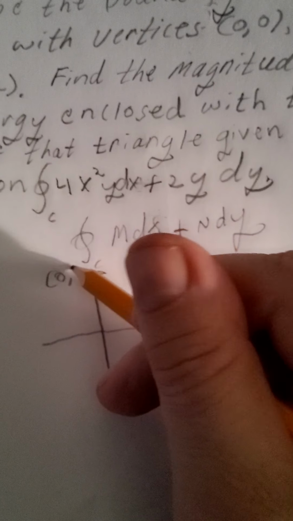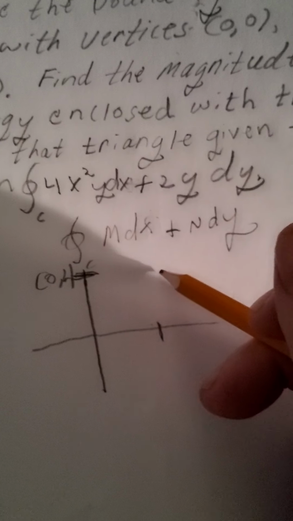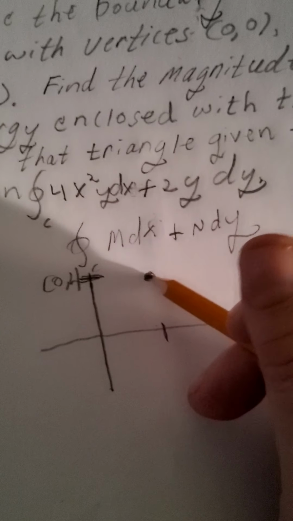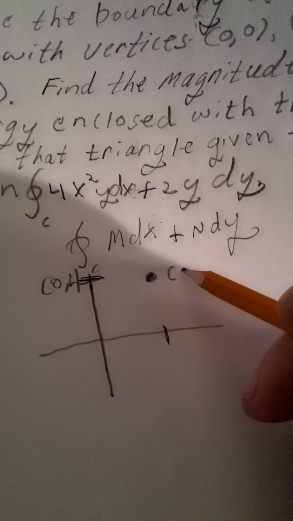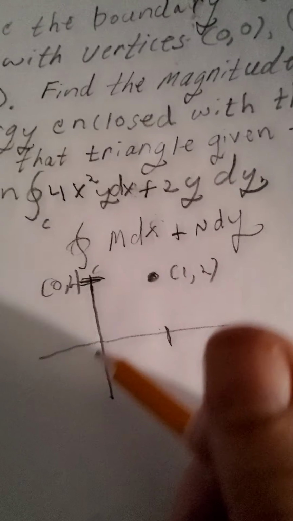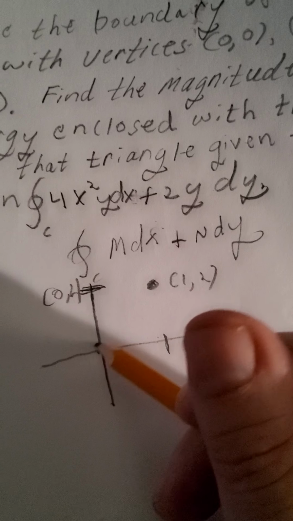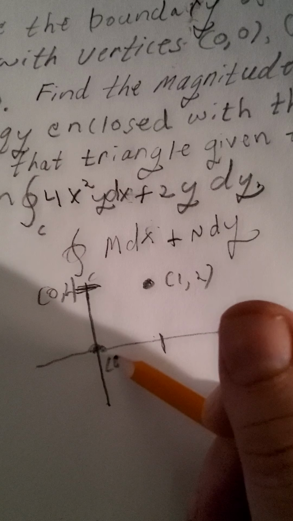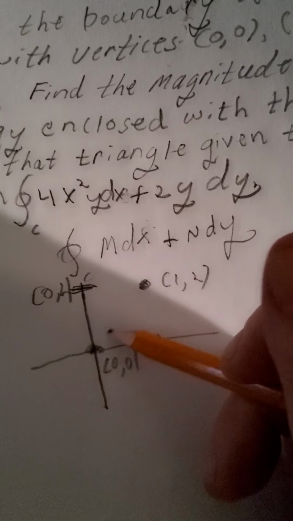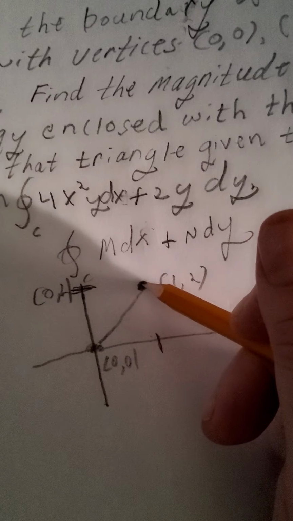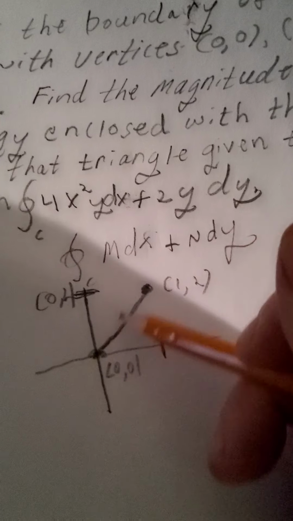This is (0, 2), and over here would be the point (1, 2). And, of course, the origin is going to be at (0, 0). Okay, so I connect the points to draw my triangle.